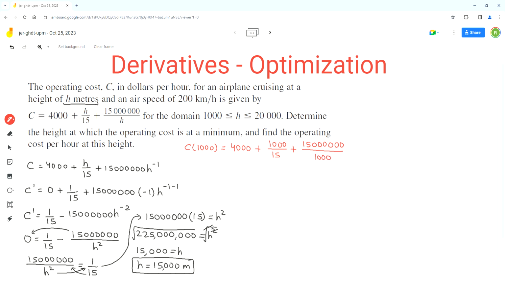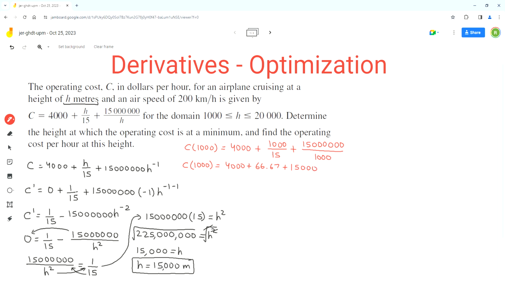Now we can simplify this expression. So C at 1000 equals 4000 plus, 1000 over 15 is equal to 66.67, and then plus 15,000.